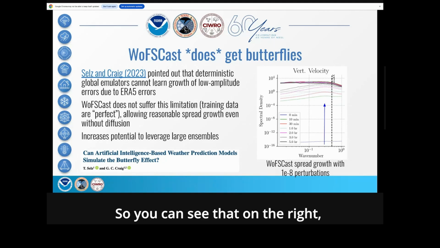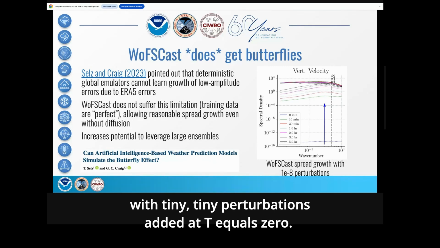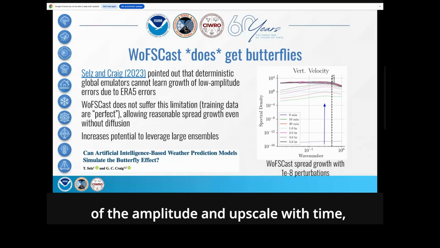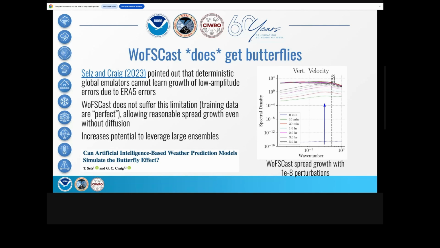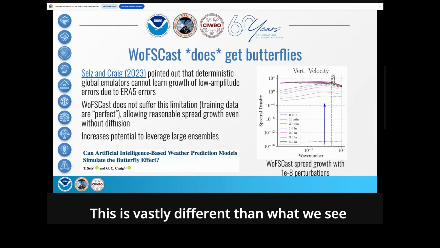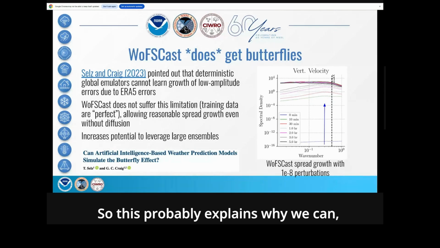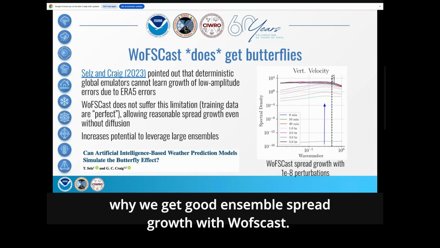You can see on the right, these are vertical velocity spectra with tiny perturbations added at t equals 0, and then you see them rapidly grow in amplitude and upscale with time, which is the expected evolution. This is vastly different from what we see with the deterministic global emulators. So this probably explains why we get good ensemble spread growth with WoFSCast.